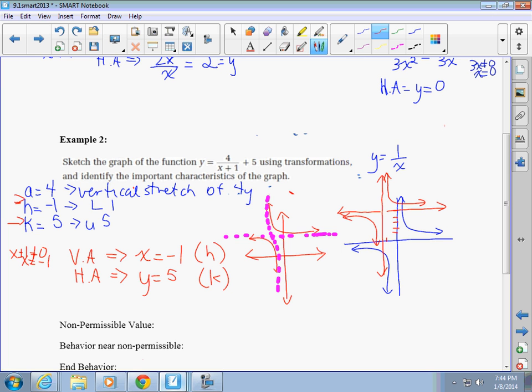Horizontal asymptote, if I look at my major points there, I have x plus 1 over 5. Well, this is just going to be, because remember this value here gets close to 0. 4 over 0 doesn't work, but I'm left with this plus 5. So a simple way of calculating your vertical asymptote is to take a look at your h value, and your horizontal asymptote then is to take a look at your k value.